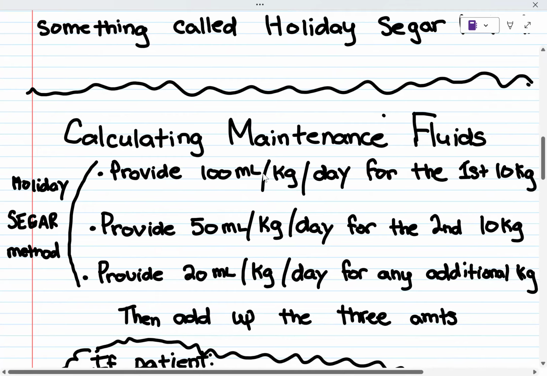Then provide 50 milliliters per kilogram per day for the second 10 kilograms, and then provide 20 milliliters per kilogram per day for any additional kilograms. And then add up all three amounts. So it seems pretty straightforward.